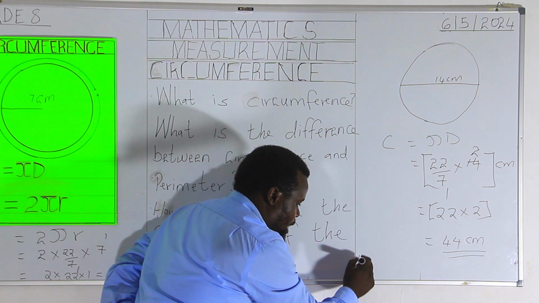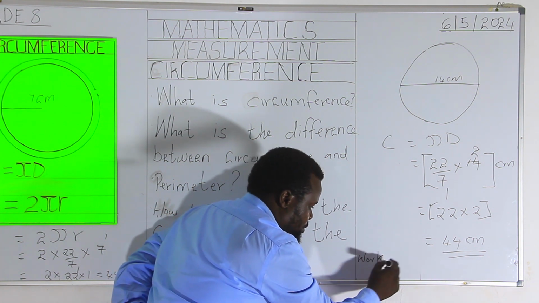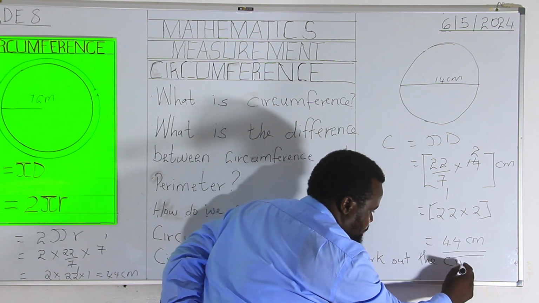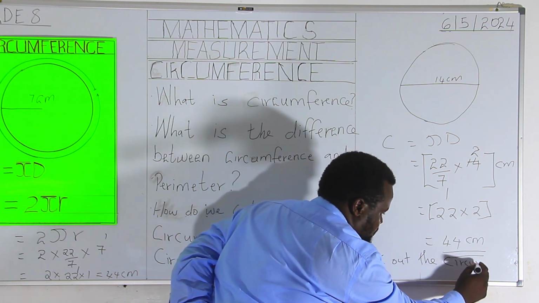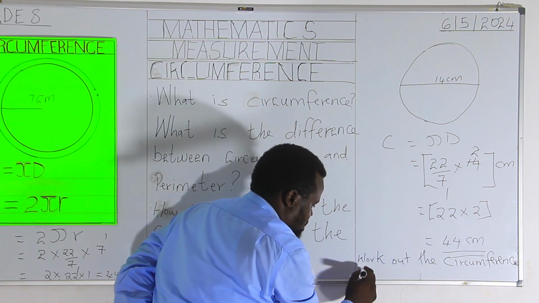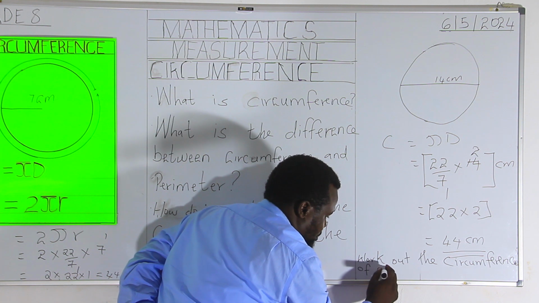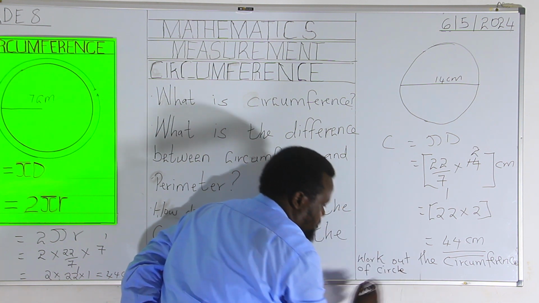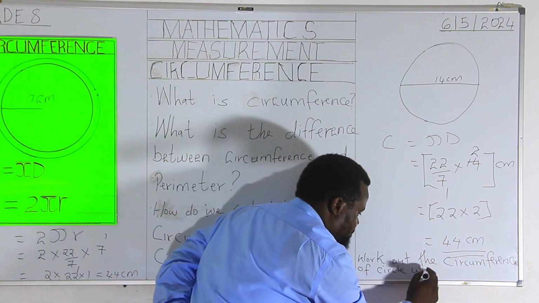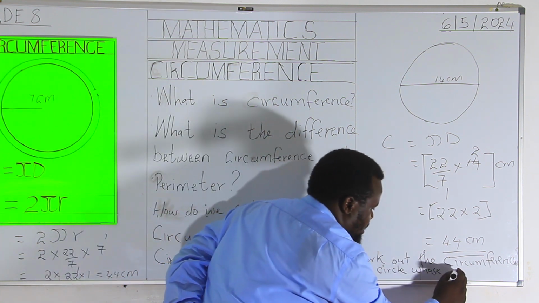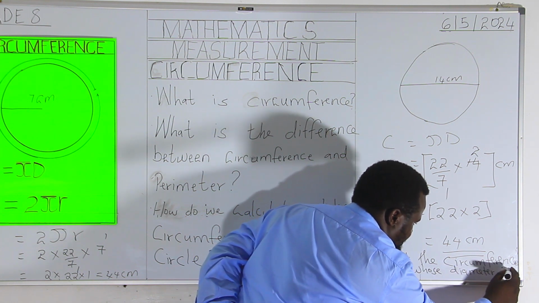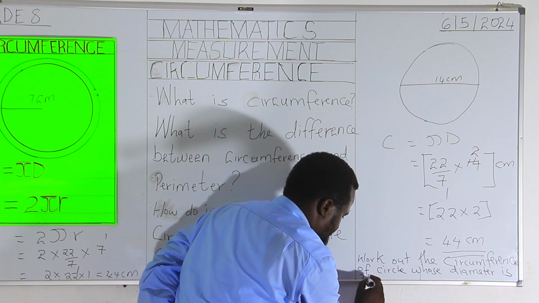You are going to work out the circumference of a circle whose diameter is 28 centimeters.